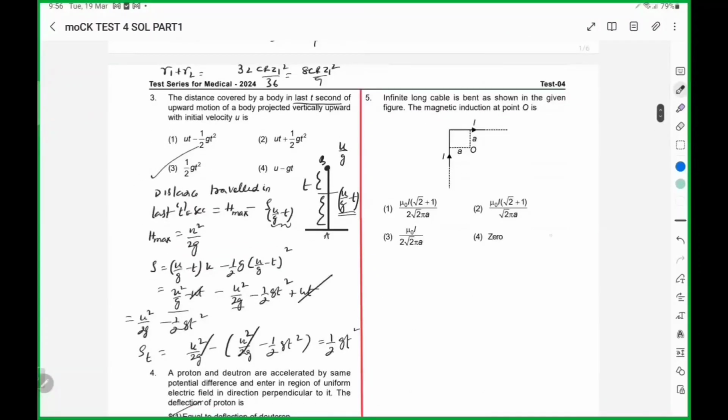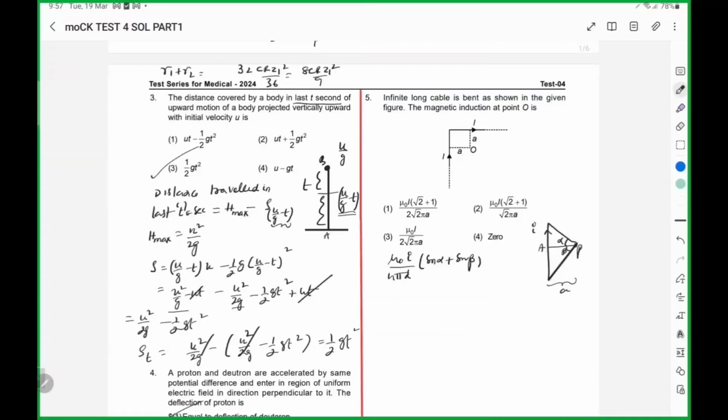Here, if it is a finite wire carrying current I at a distance A, at this point, magnetic field is, this distance is A, mu naught I by 4 pi d, sin alpha plus beta.